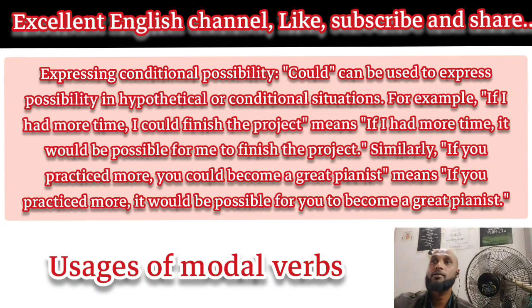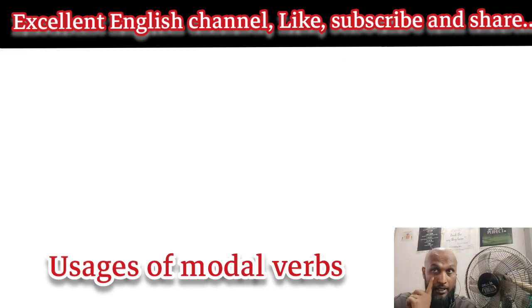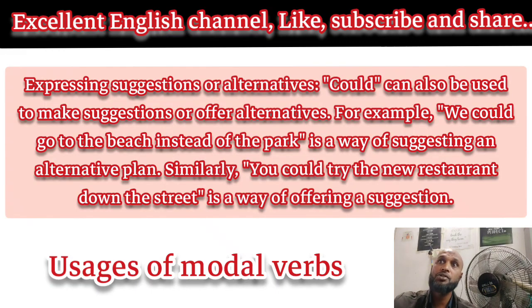Now let us look at some other usages. Expressing suggestions or alternatives. Could can also be used to make suggestions or offer alternatives. For example, we could go to the beach instead of the park is a way of suggesting an alternative plan. Similarly, you could try the new restaurant down the street is a way of offering a suggestion.